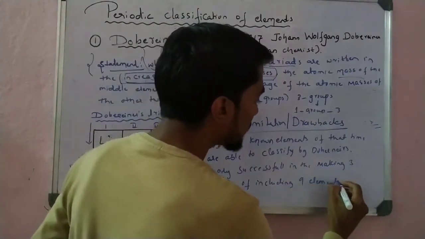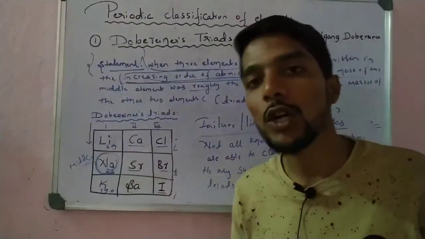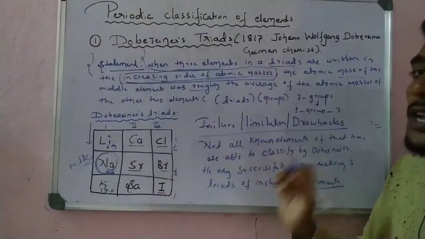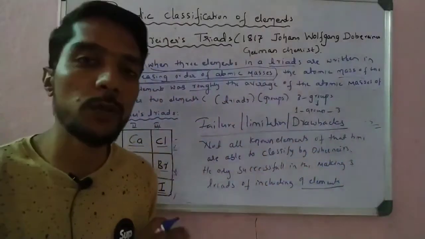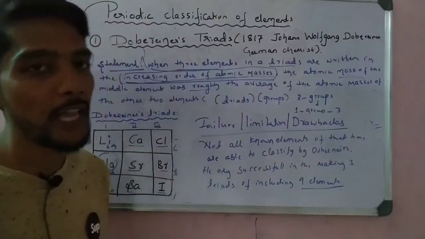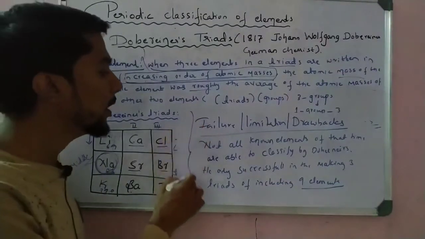Only 9 elements were successfully classified using Dobereiner triads, and the remaining elements could not be classified. That was the big failure of Dobereiner's classification, so this classification was rejected by the chemists of that time.